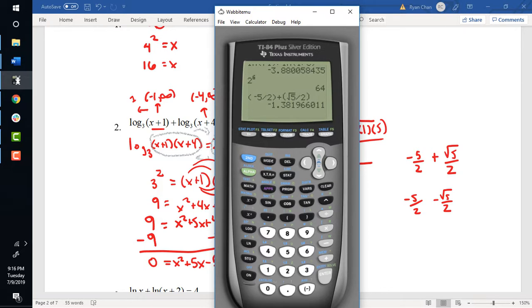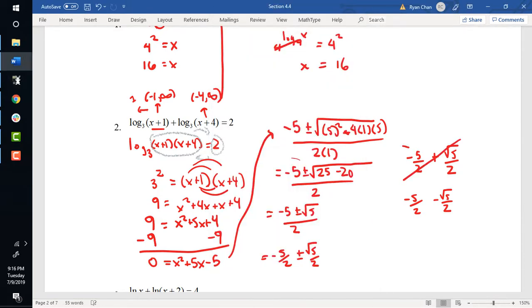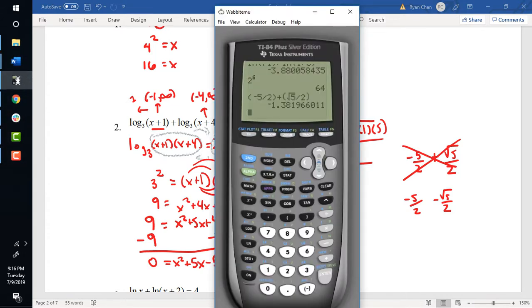So that is actually too small. So we're going to cancel that out. So that one doesn't work. And then this one, so let me do minus, will actually not work because it is -3.61. That is also too small as well.